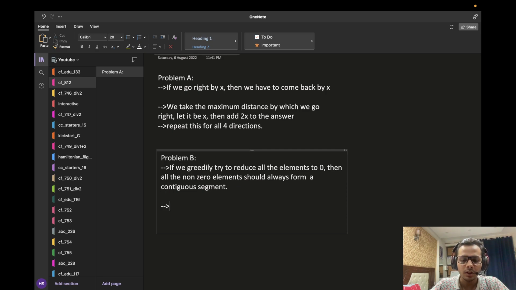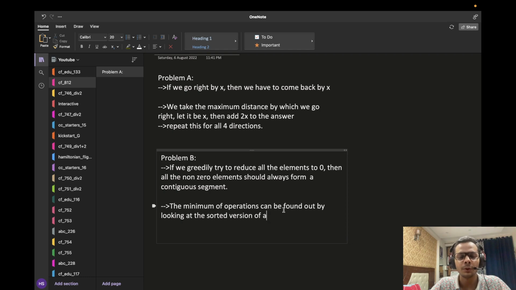So first of all, what is the minimum number of operations for any permutation? The minimum number of operations can be found out by just looking at the sorted version of A. The sorted version of A is also a permutation, right?